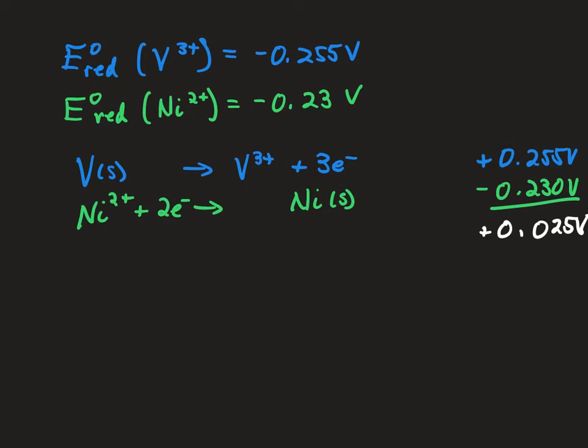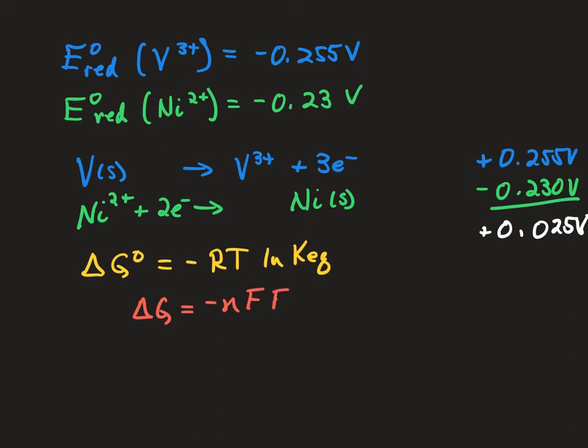All right, so let's go back to one of our equations we dealt with in the previous chapter. That is, the delta G0 for a reaction is equal to minus RT times the natural log of the equilibrium constant. But we also just introduced that delta G is equal to negative the number of moles of electrons times Faraday's constant times the cell potential.